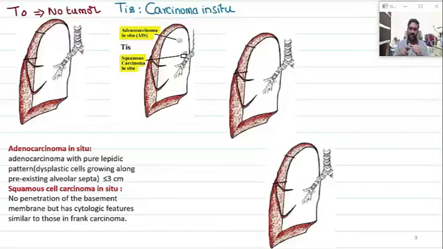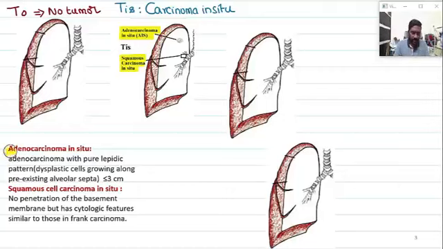Whereas small cell carcinoma is further classified into extensive and less extensive, which is generally not asked in your exam. So very important is lung cancer staging of non-small cell carcinoma, which includes predominantly adenocarcinoma and squamous cell carcinoma.